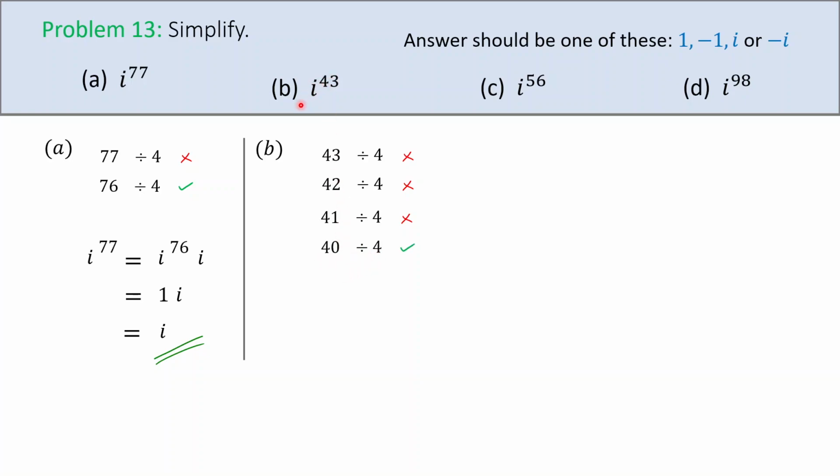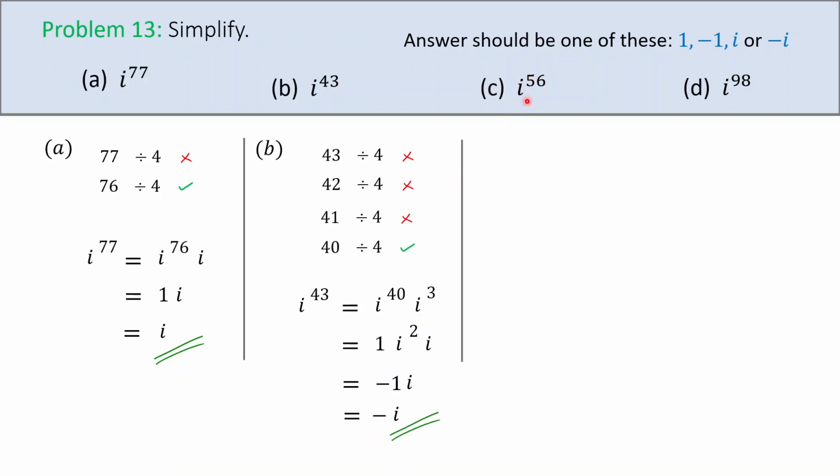So i to the 43rd can be written as i to the 40 times i to the 3rd, since 40 plus 3 is 43. So this is 1 times i to the 3rd. This i to the 3rd you can write as i squared times i, that is, negative 1 times i, which is negative i.